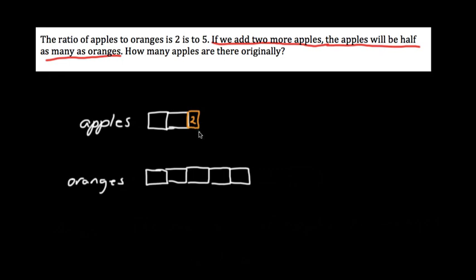Then what we know aside from that is that if we add 2 apples, that will be half as many as oranges. So if we add 2 more apples to what we already have, then there will be half as many apples as oranges. So what do you think is the half of these 5 boxes? The answer is 2.5. So that means from here to here, that's 2.5 boxes, right?